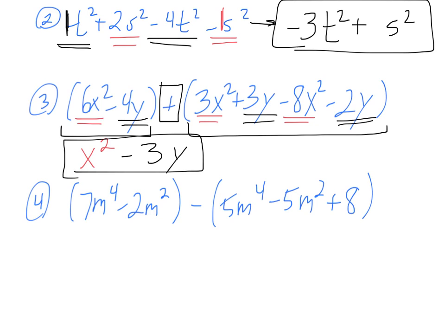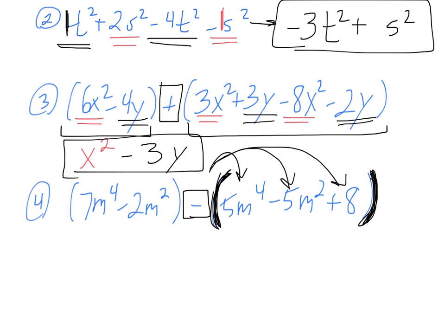All right. Here we go, moving on. The big difference in example number 4 is the negative sign. Now, when you see a negative sign in front of a quantity, being a polynomial or an expression within a set of parentheses like so, your first order of business is to distribute this negative sign to each term that follows.